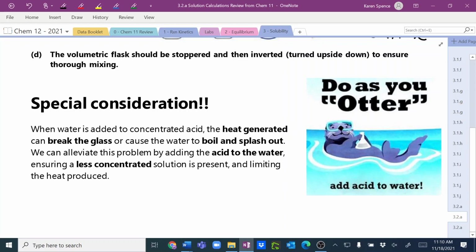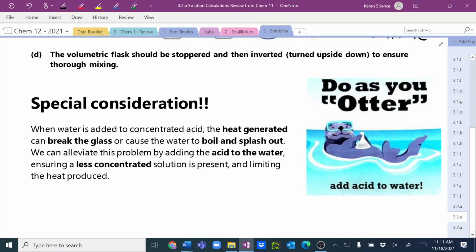We can alleviate this problem by, instead of putting water into the acid, which means that the acid is very, very concentrated and we are gradually diluting it, putting the water in first and then gradually adding the acid.